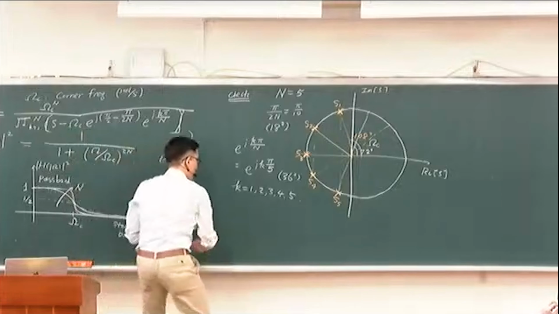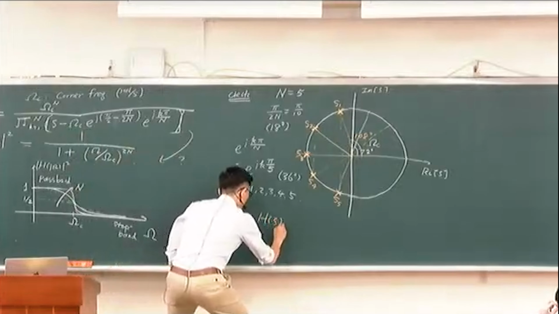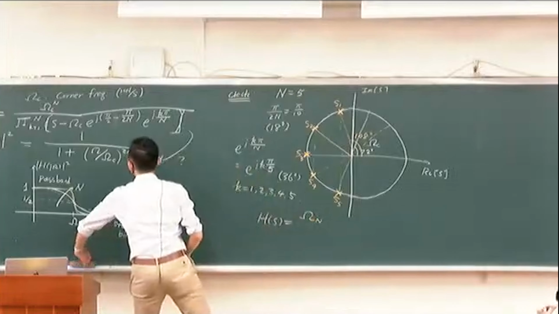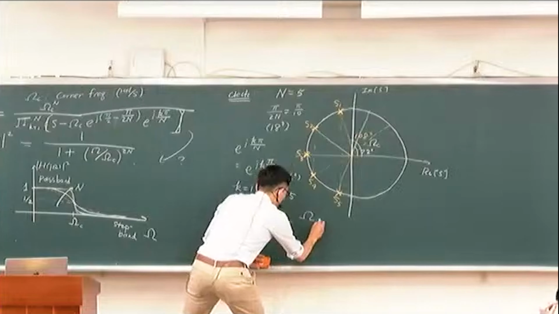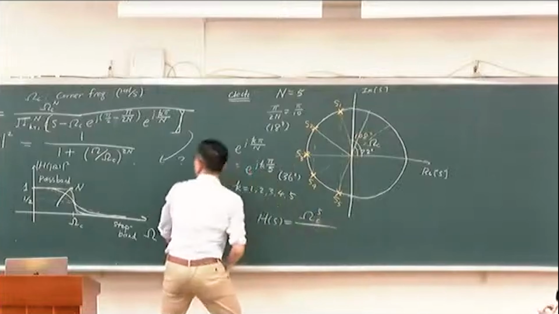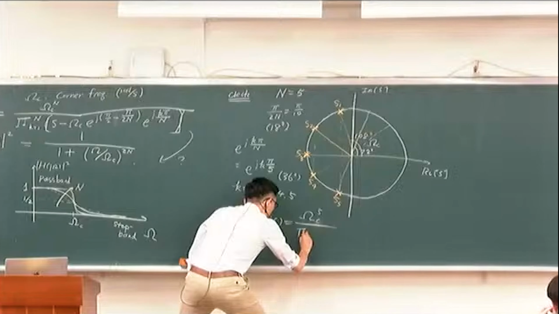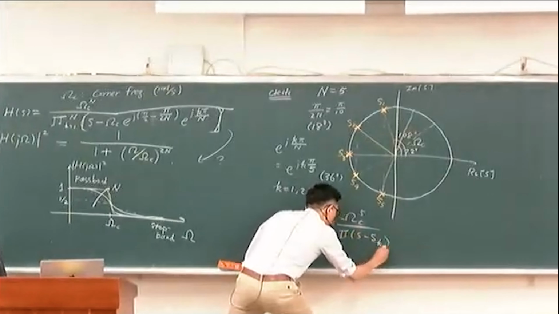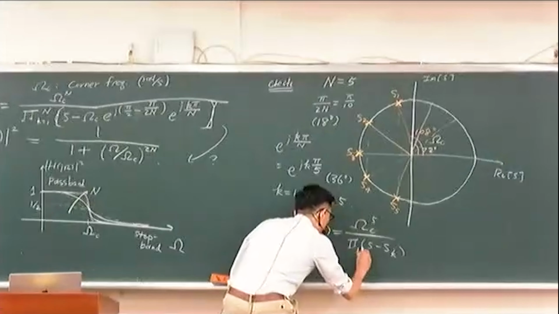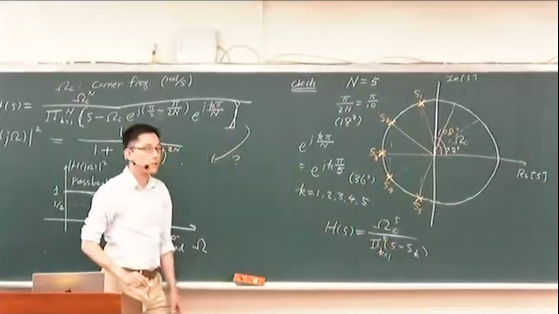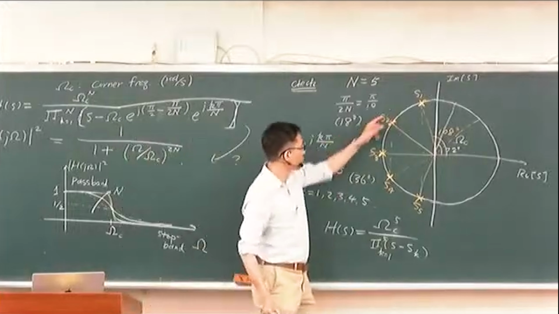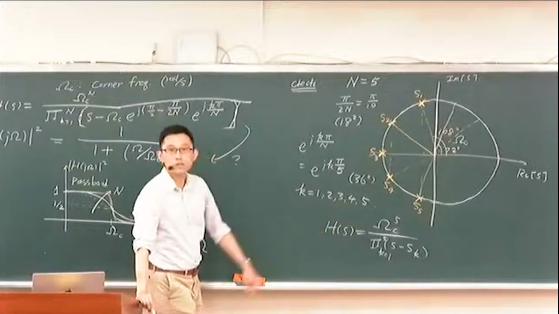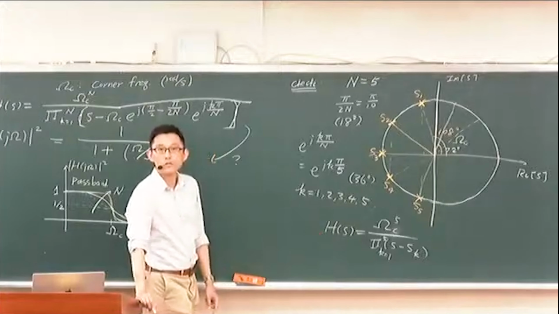Just simply put, H of s is the same constant, actually, let's say omega c to the 5th power, divided by the product of s minus sk, where k goes from 1 to 5. Can you agree on that? S1, 2, 3, 4, 5 are just right here, right there. So we have this expression for the transfer function.